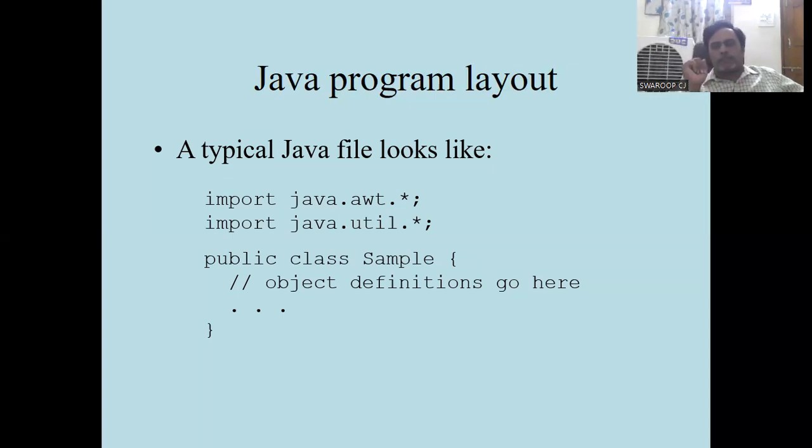See here, when you write a C program, generally you write #include stdio.h. It is the header file of standard input output. What is the purpose of that? The standard input output header file contains a number of predefined functions that can be used in our program. The same way, if you want to use classes already defined under specific packages, first we have to import those packages into our program.